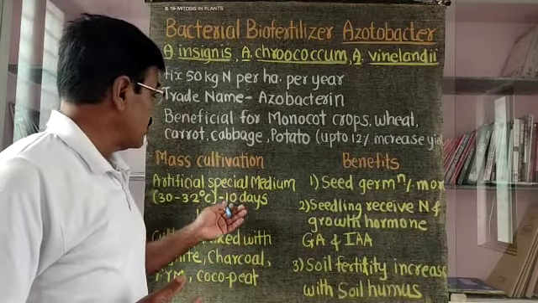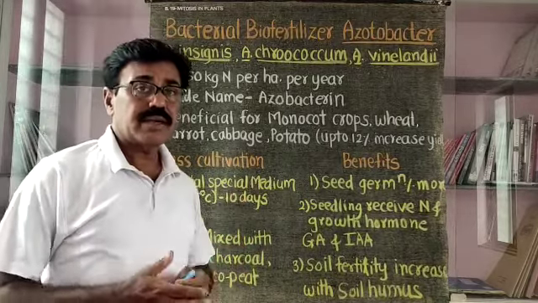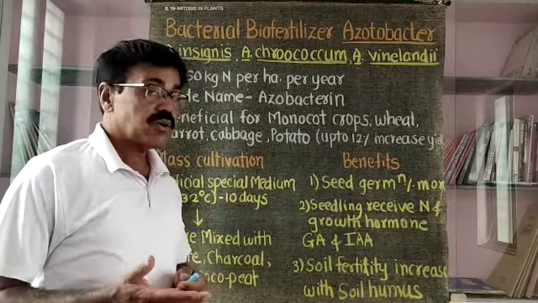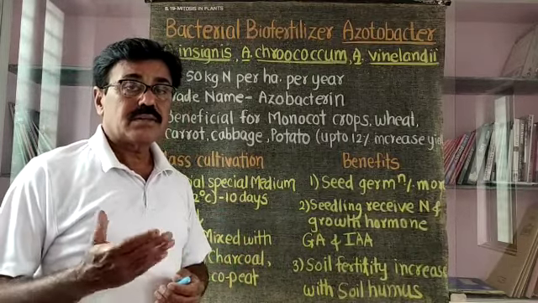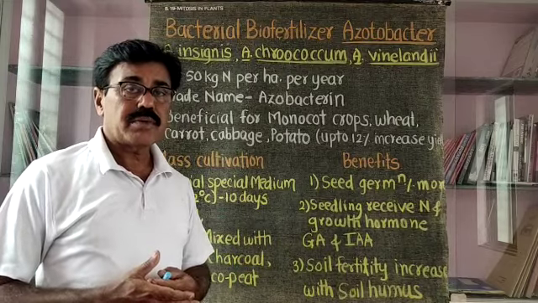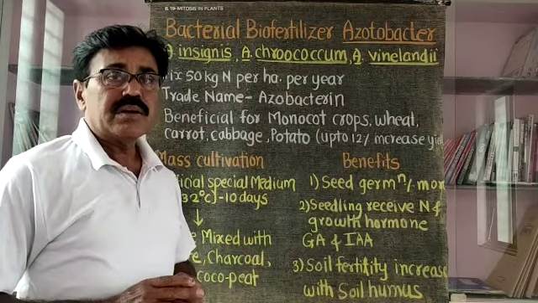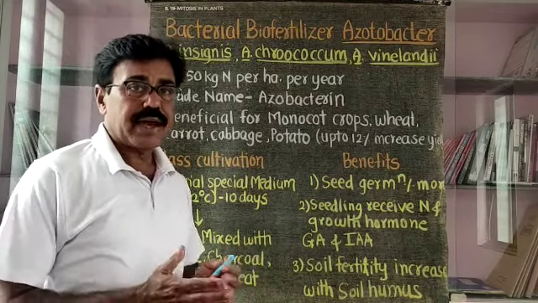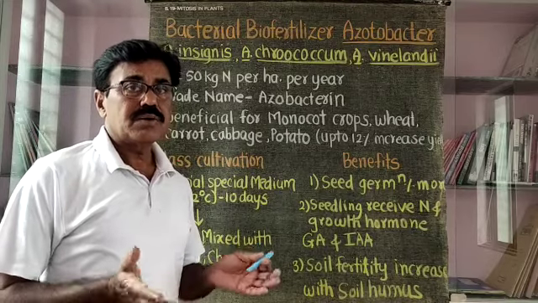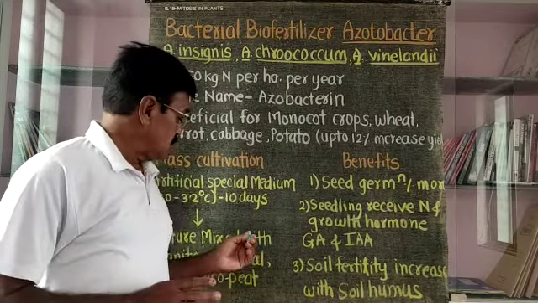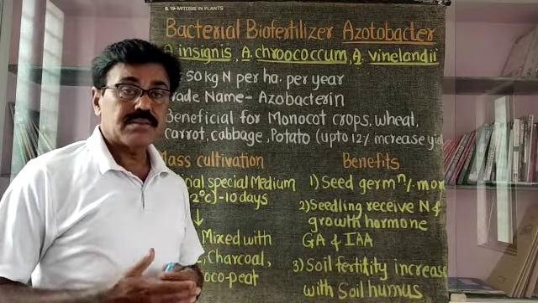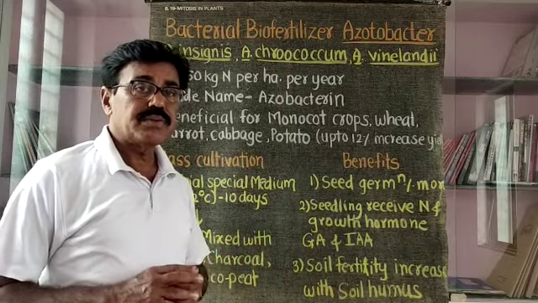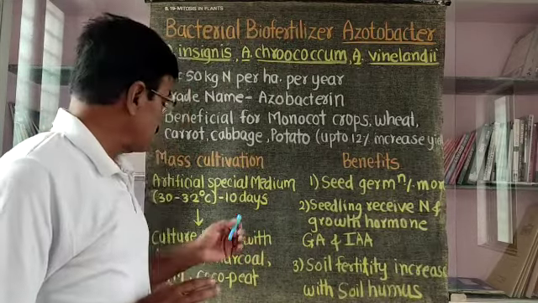This culture is then mixed with carrier substances like charcoal, lignite coal, farmyard manure or sometimes cocopeat. The bacterial culture is then filled in polythene bags and supplied to the farmers.